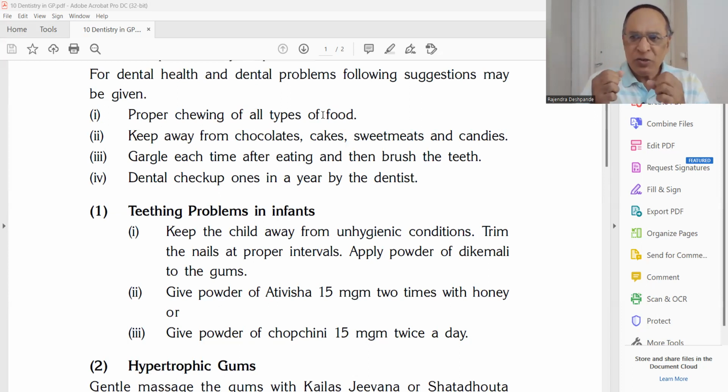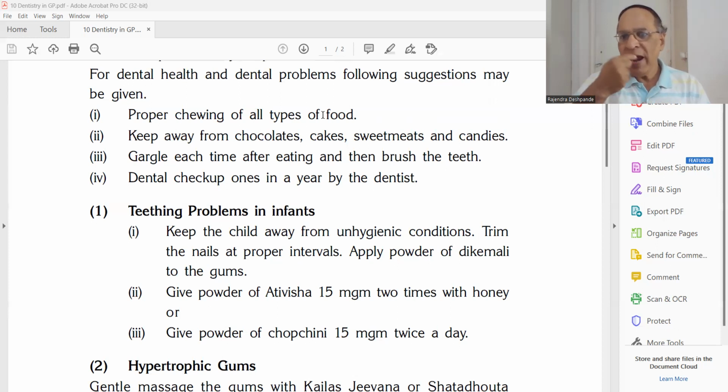Otherwise, if you are confident that you eat a chocolate once in a while and then clean your teeth immediately, there will not be a problem. Otherwise, very small particles stick to your enamel and start boring into the enamel or the pulp, and then they create the first tartar and then the cavity. So better to avoid sweets as much as possible, or if you eat them, then brush and clean properly.